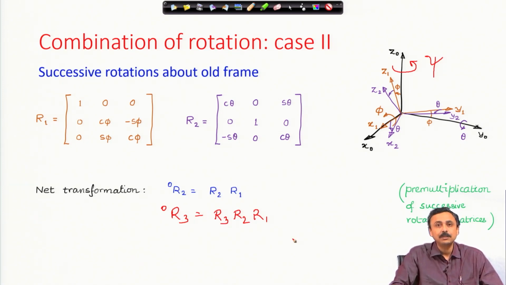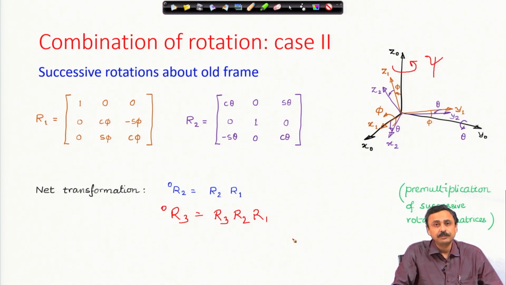This gets pre-multiplied, whereas when successive rotations are about the new frame, it always is post multiplied. The new frame rotation gets post multiplied in the same order as you give the rotation, but when you give rotations about the old frame, every time about old frame they keep on getting pre multiplied, the matrix corresponding to the newer rotations will get pre multiplied.